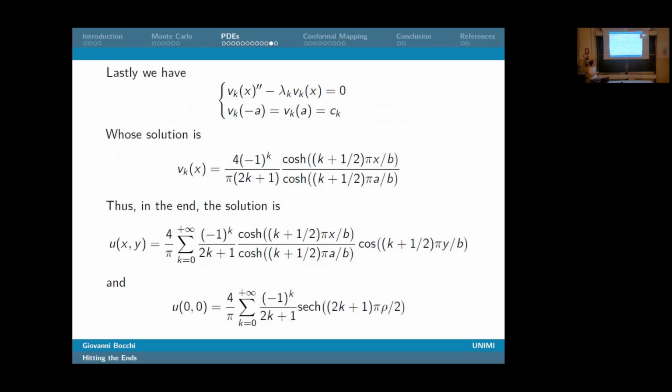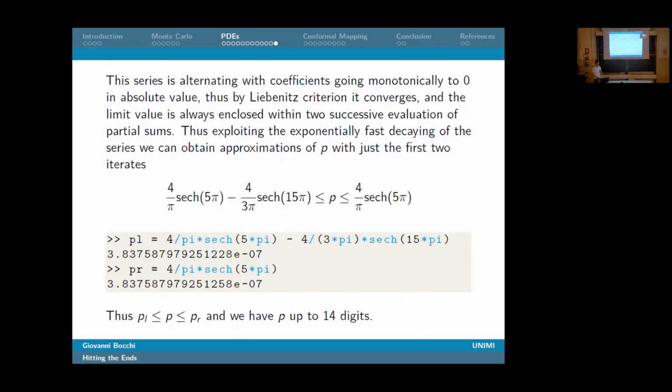we could obtain an estimate of this value by just summing the first one or two terms of the series. So in particular, we get that already an approximation within the two first iterates, so just the first term and the first two terms of the series, gives us an estimate for p that is actually correct up to at least 14 digits.